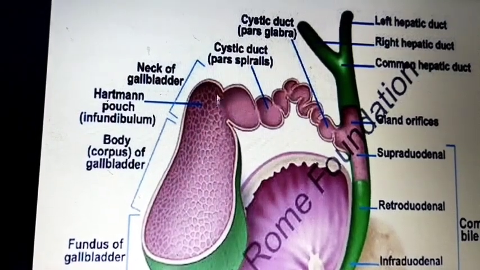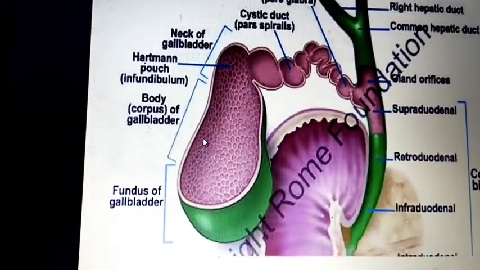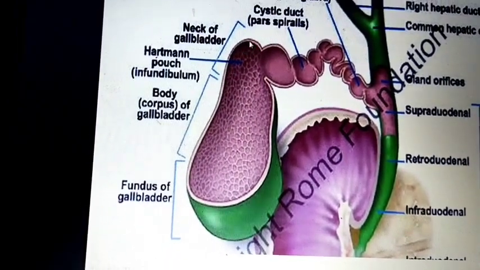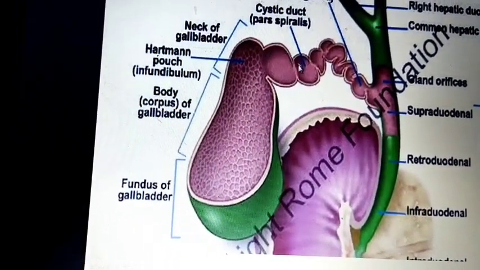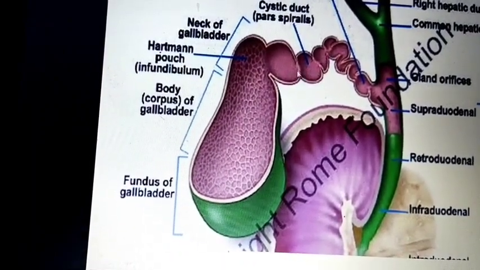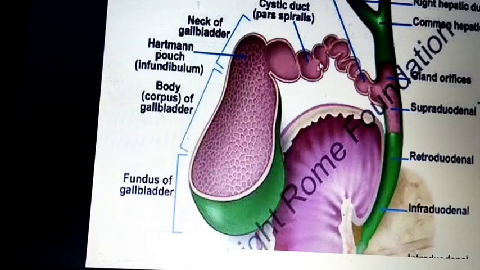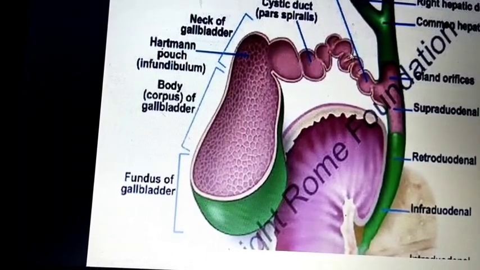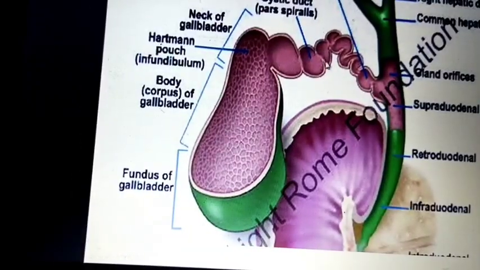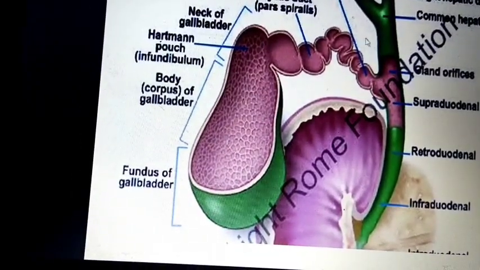Okay, this is about our gallbladder. This is the fundus, body, Hartmann's pouch and neck of the gallbladder, and the spiral valves, or pars spiralis, in the cystic duct. Cystic duct is 4 cm in length and 5 mm in diameter, and here it forms a triangle.